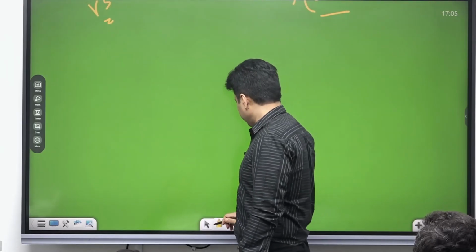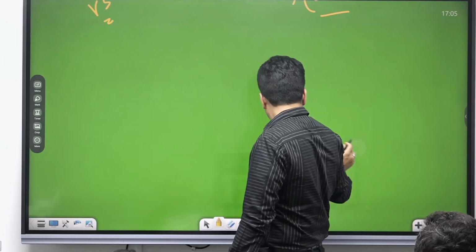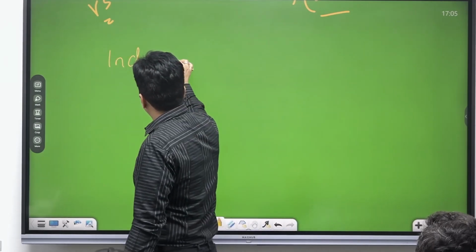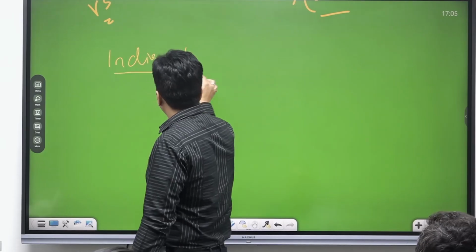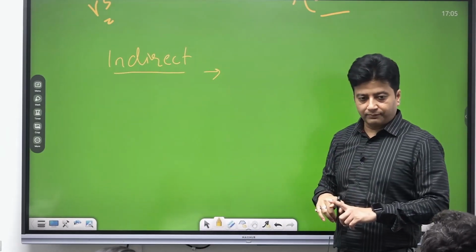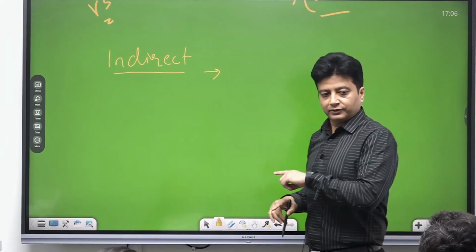For clarity, I can rewrite here: indirect. I told that people are not voting for the president, but the candidate elected by the people votes for it.